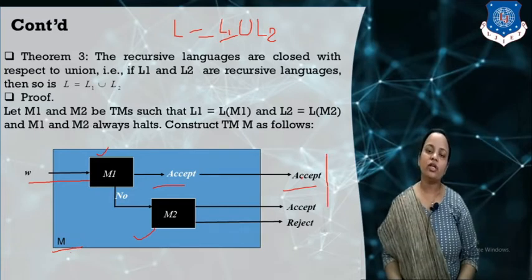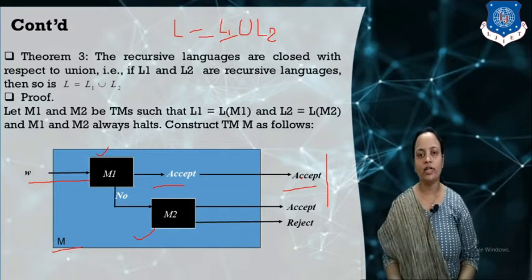Now if the string is not in M1, we can check whether the string is in M2 or not, so we give the input to machine M2.